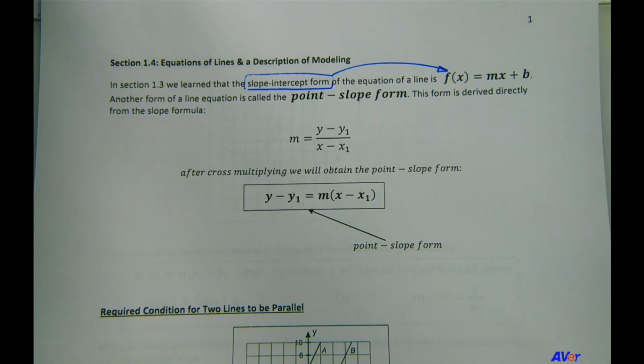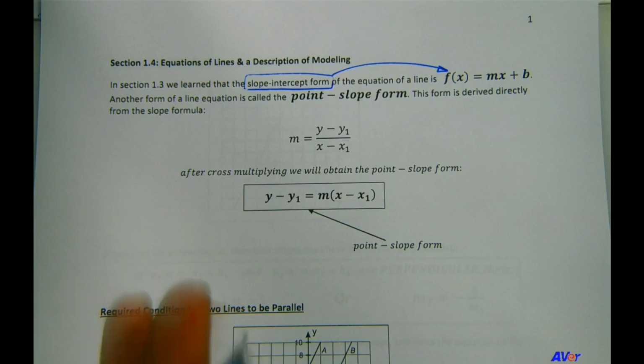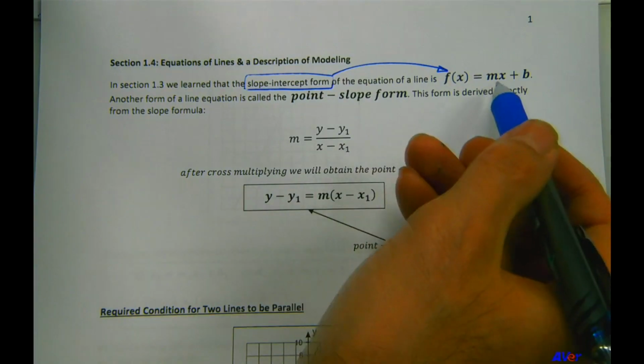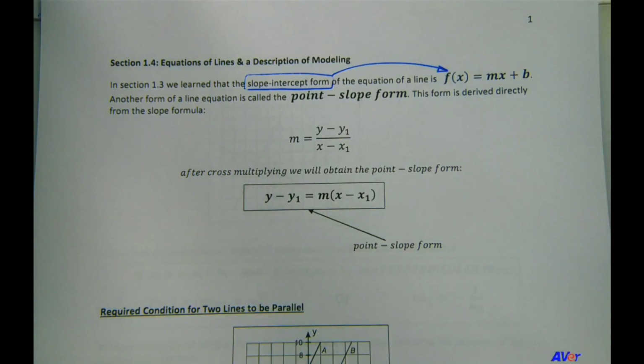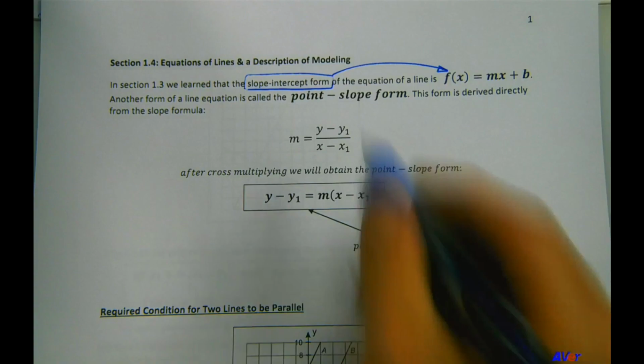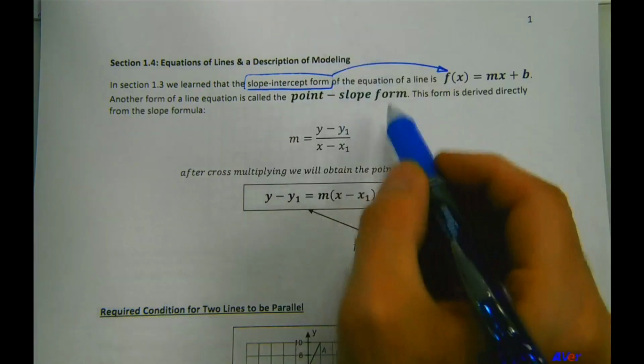For example, if you're solving matrices, then linear equations have to be shown or ordered in a particular format that is different from the y equals mx plus b form, or the slope-intercept form. It's the same equation, but the terms are arranged differently in that subject when you solve matrices.